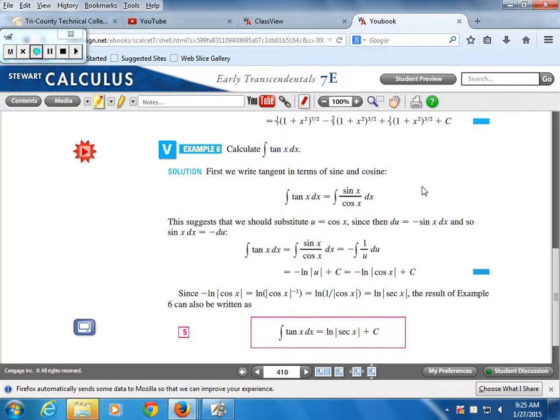If u is equal to the cosine, then you still have du over u. Or 1 over u. Yeah, du over u. I'm sorry. I had it backwards.